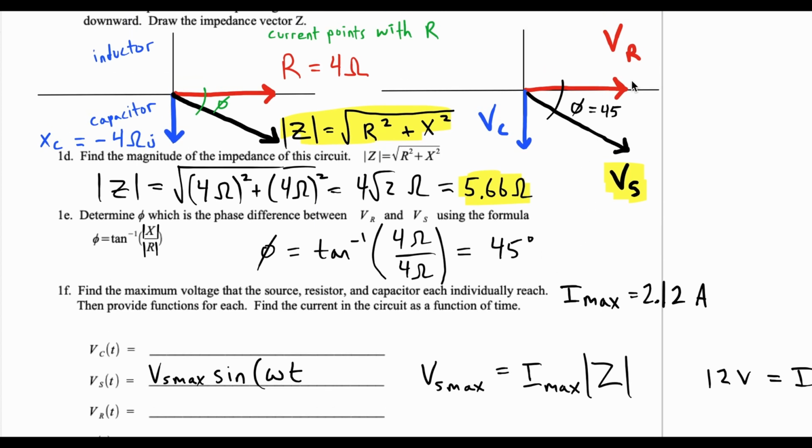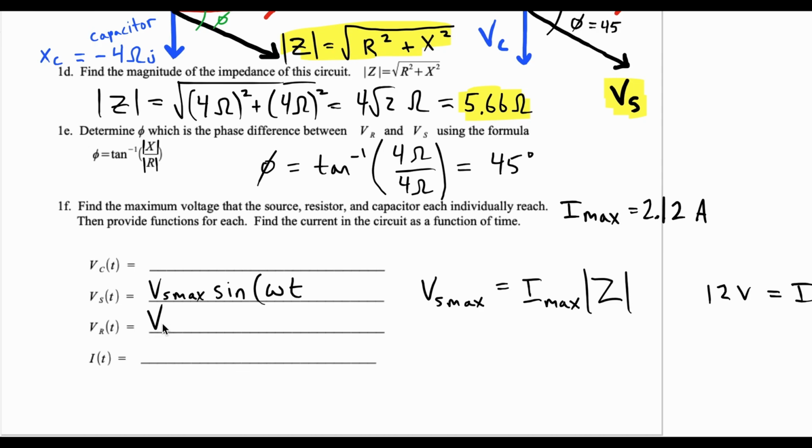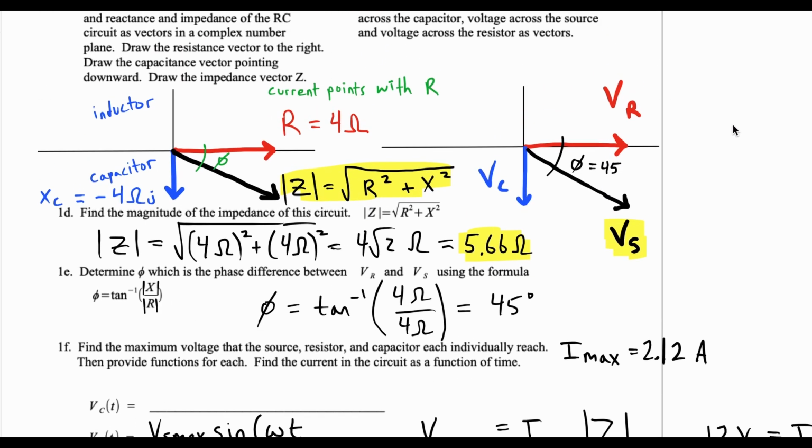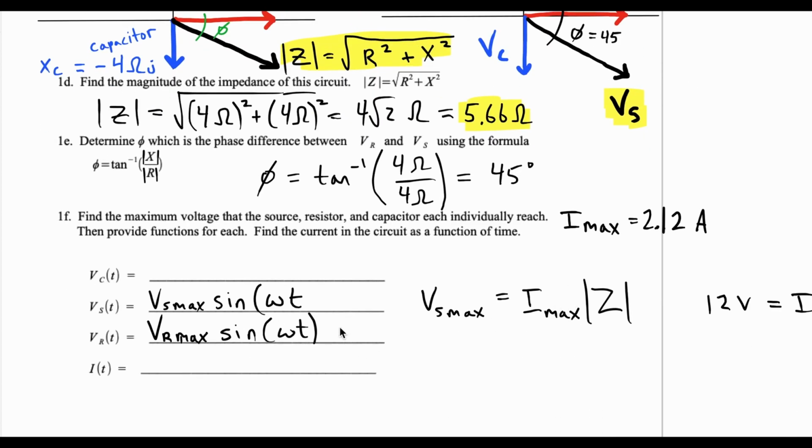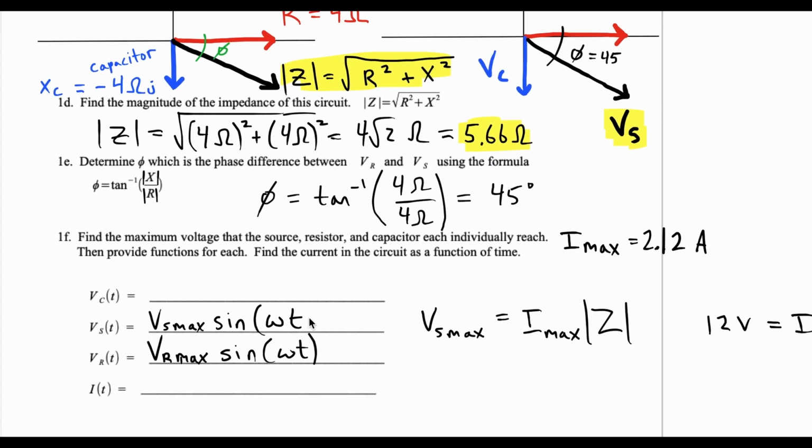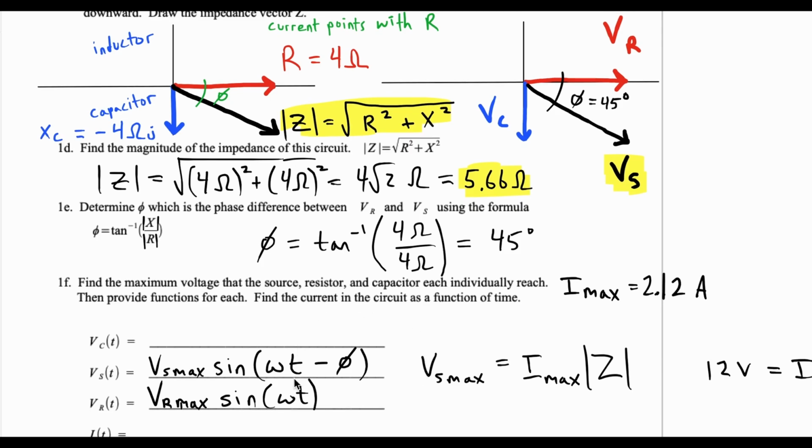The voltage of the resistor is on the zero, so I would put it as Vr max sine of omega t with no phase shift, because it is pointed at 0 degrees in my picture. But when it comes to the source, that one is shifted, by subtracting the phase angle of 45 degrees. Okay, so that's how we shift these sine waves according to the phasor diagram.